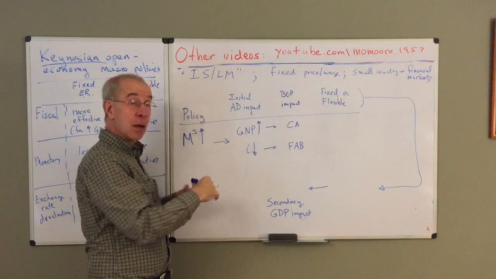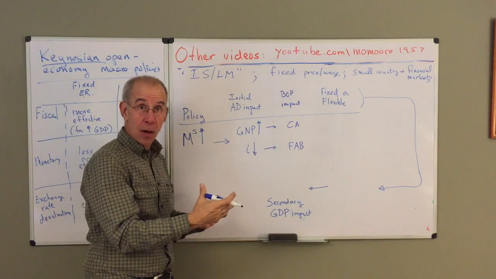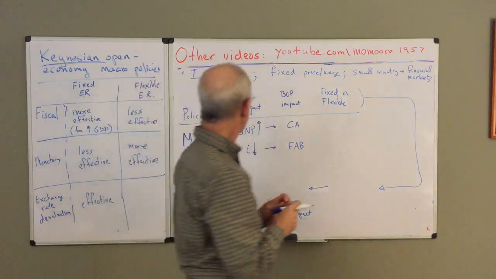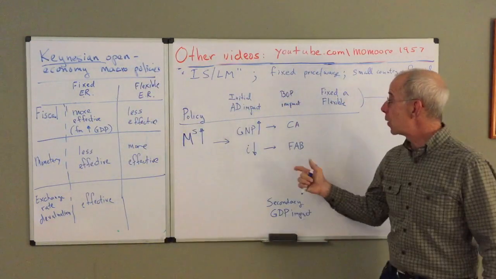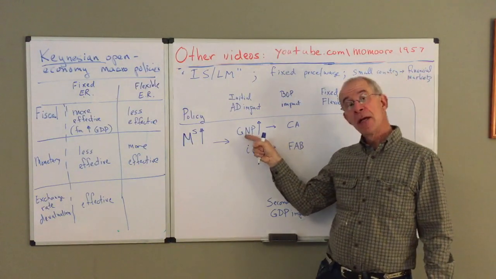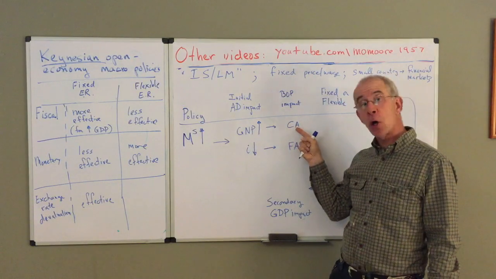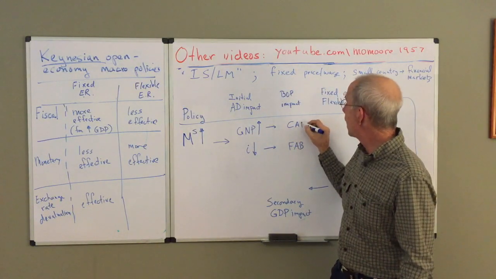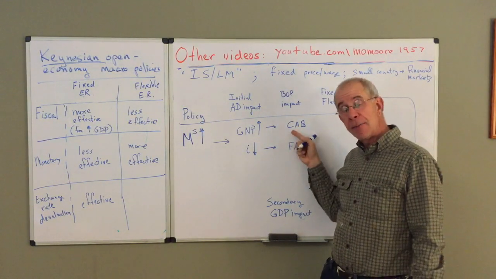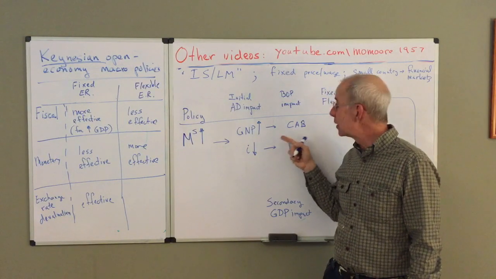Okay, so that was the end of the story with the closed economy. We now have to look at the impact on the foreign exchange markets, and I'm going to do this in the following way. I'm going to focus on GNP's impact on the current account balance. Now, current account is imports and exports of goods and services.